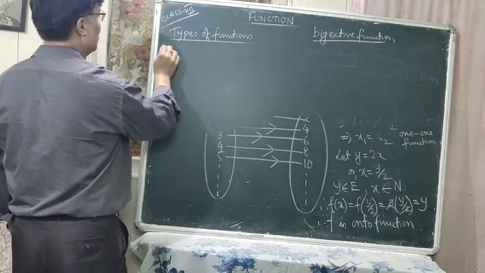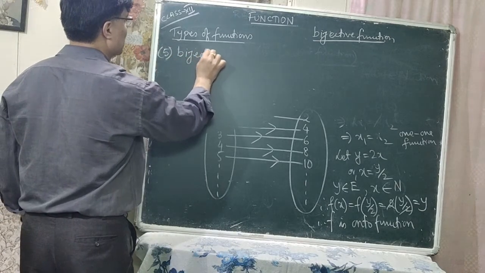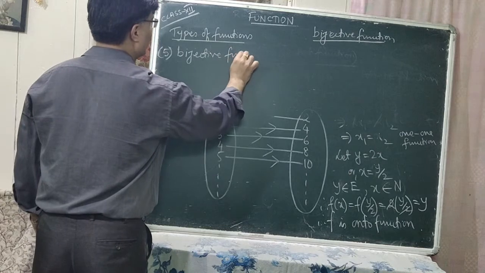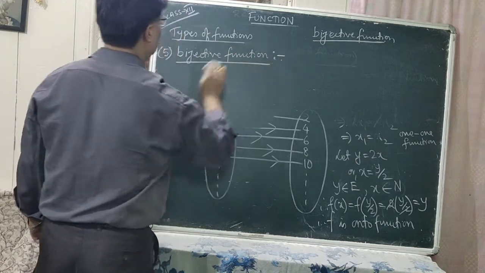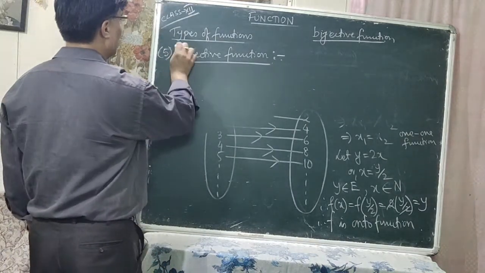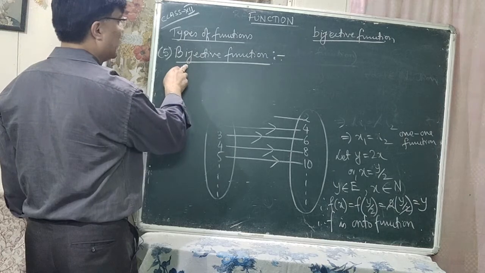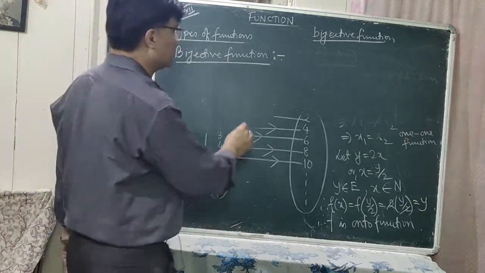So number 5, that is your bijective function. What kind of function is called bijective? B-i-j-e-c-t-i-v-e, bijective function.